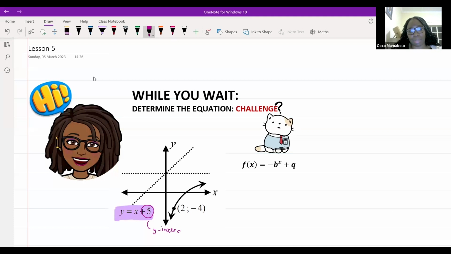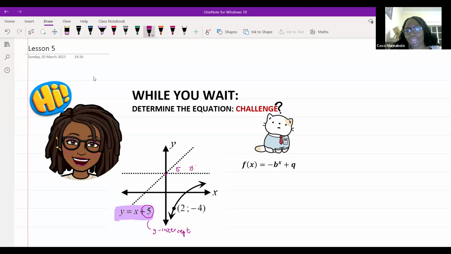It's the y-intercept. And we know that 5 is where our straight line crosses the y-axis, which is here. So what is the value at that point exactly? It's 5. So what is the asymptote of my exponential graph?